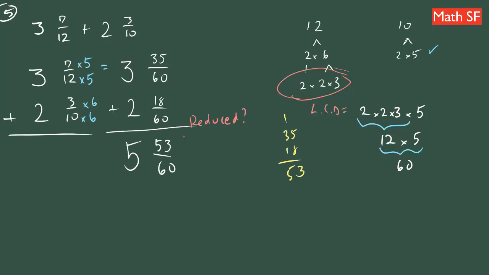You can try the 7, the 11, and you will find out that there is nothing that goes into there. And the numbers that multiply to make 60 are 2 times 2 times 3 times 5. And this is definitely not divisible by 2, and it's definitely not divisible by 3, because we just checked the divisibility rule, and it's not divisible by 5. Therefore, this is your final answer.